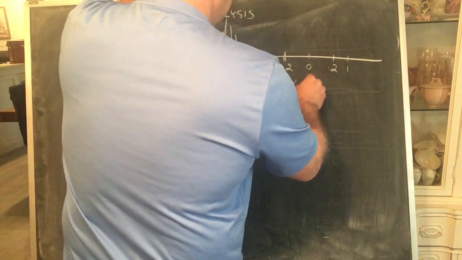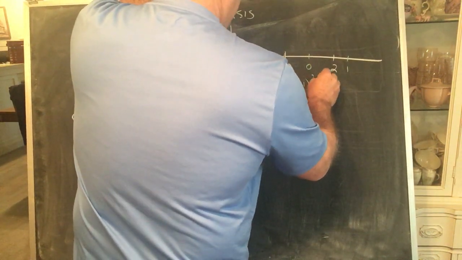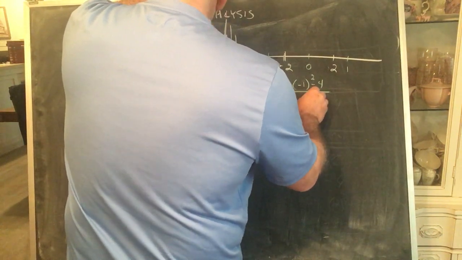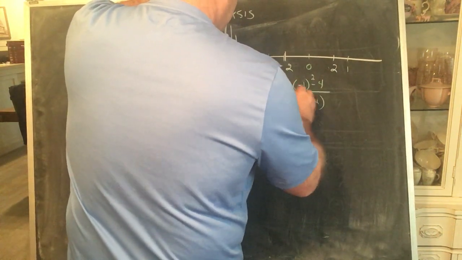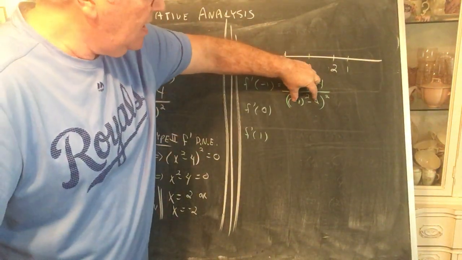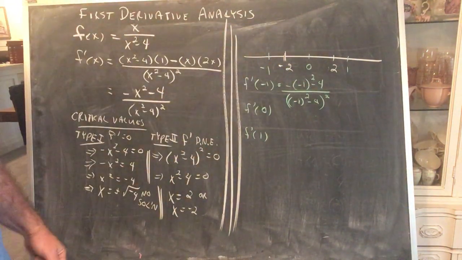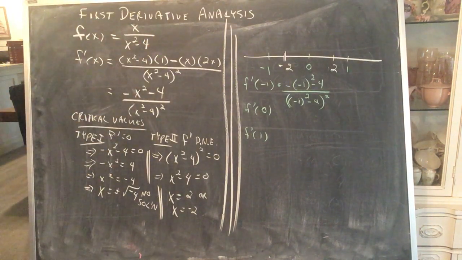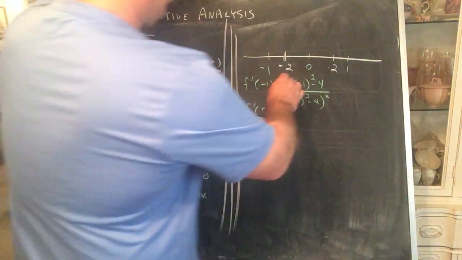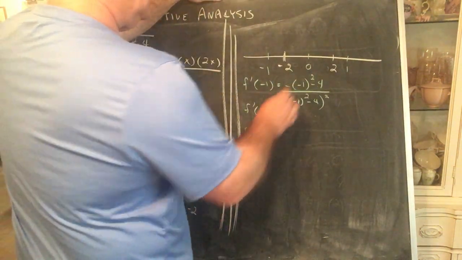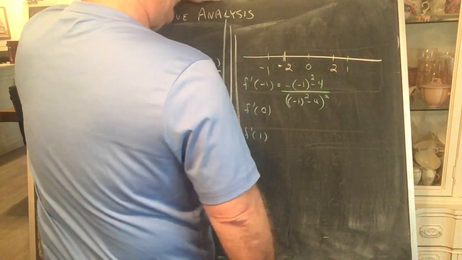We have negative 1 squared minus 4 over negative 1 squared minus 4 quantity squared. Now we can see that no matter what value we choose, this denominator is going to end up being a positive value. All we're concerned with is whether this value is positive or negative.